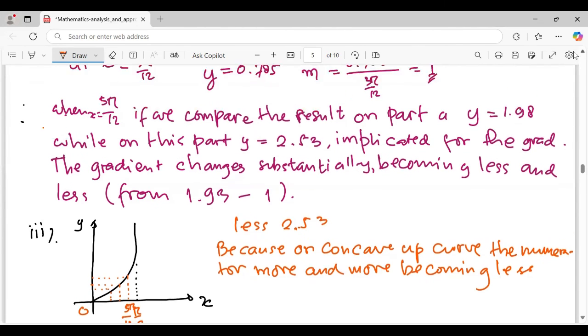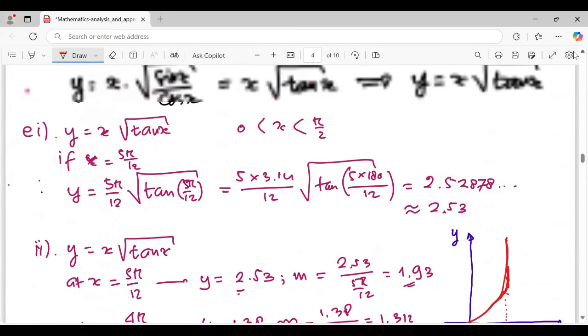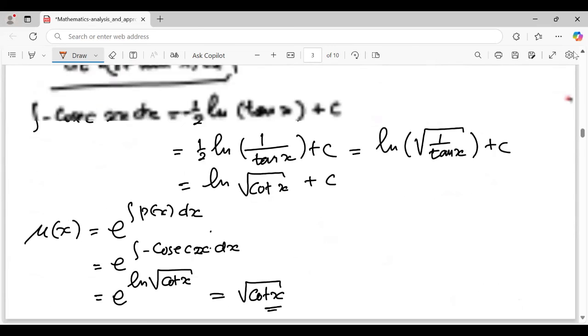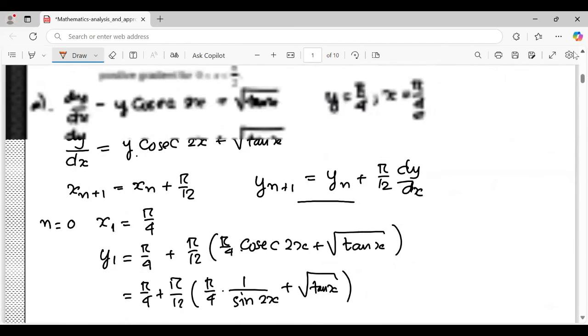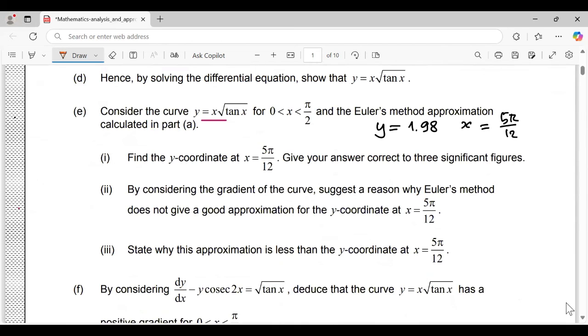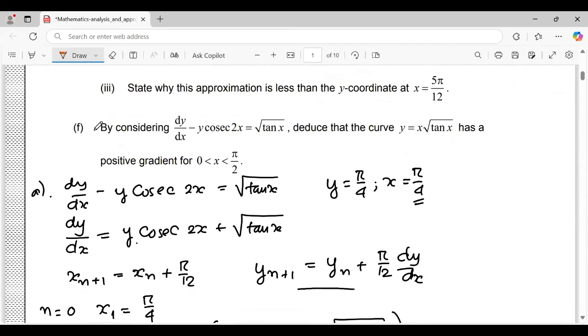Next, part F. If I'm not mistaken, the last question is part F. This one. By considering dy dx minus y cosecant 2x equals square root tangent x, deduce that the curve y equals x square root tangent x has a positive gradient for x in the interval 0 to pi half.